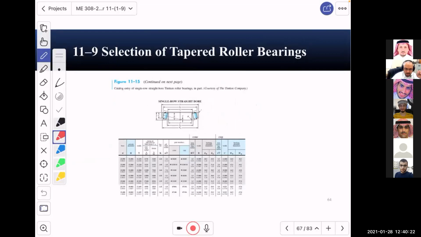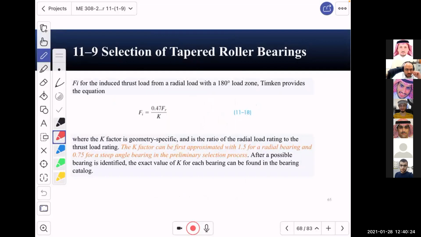So the question now, what is this induced reaction? I mean, it's crazy. You told me you put a radial load and then you get an axial reaction. How much is it? Well, we don't need to make any derivation.